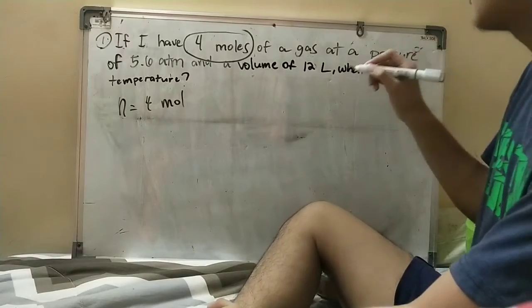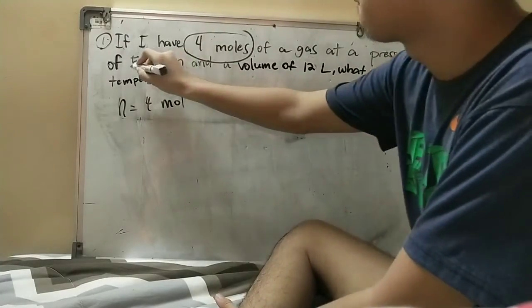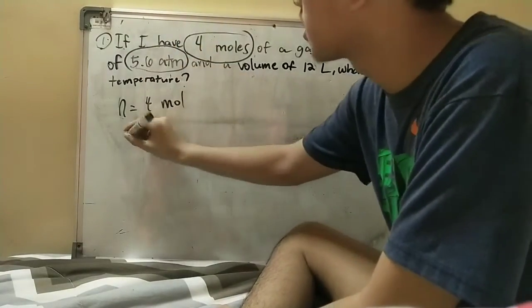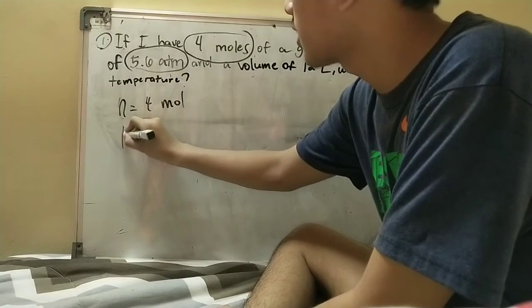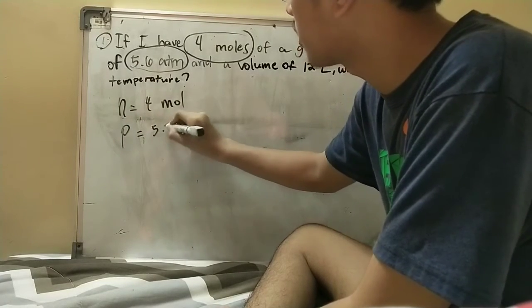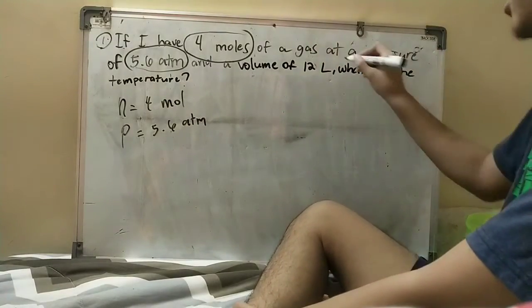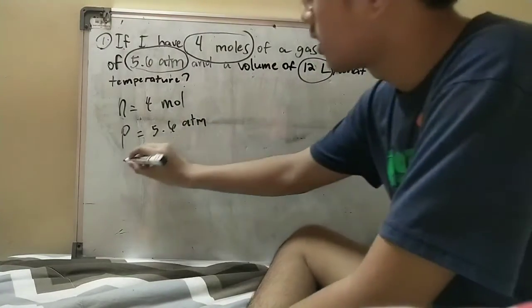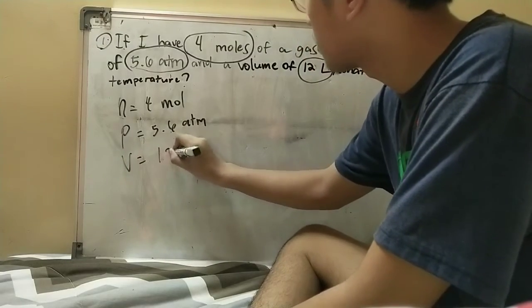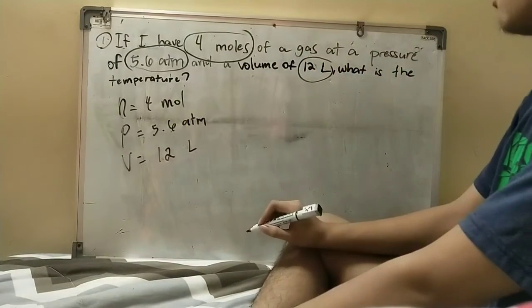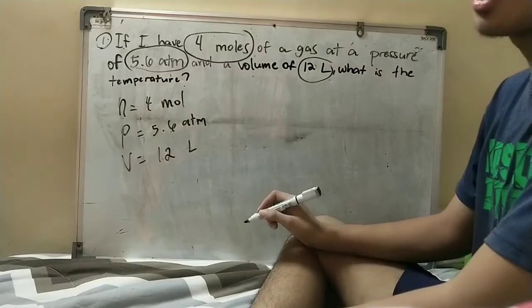Then, the second value I see is 5.6 atmosphere. So we're going to write in pressure 5.6 atmosphere. Then the next value I see is 12 liters. So we're going to write in volume 12 liters. Now, where's the gas constant?